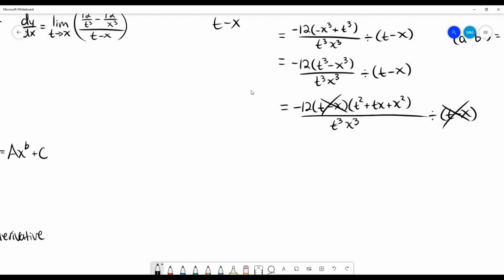And so this just turns into, and I'm actually going to write it up over here, a negative 12, this long thing here, and oops, don't forget our cubes.